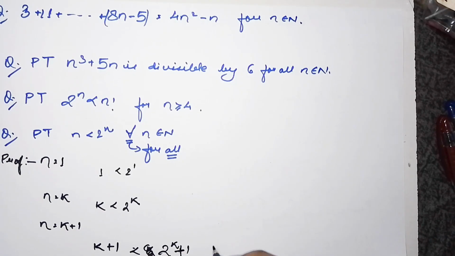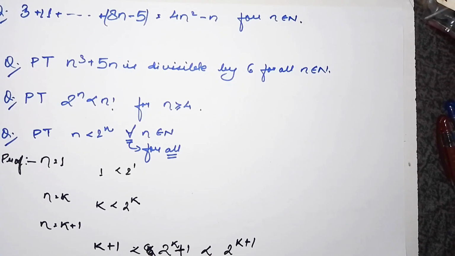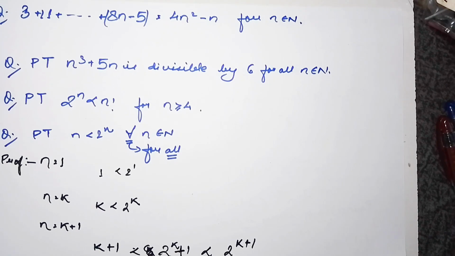So let's try it. Here we can write k plus 1 is less than or equal to 2 to the power k plus 1, as we know that k is smaller than or equal to 2 to the power k. Now as we know that 2 to the power k plus 1 would be greater than 2 to the power k plus 1, from here we get k plus 1 is smaller than or equal to 2 to the power k plus 1. I hope that it's clear how I solved this.